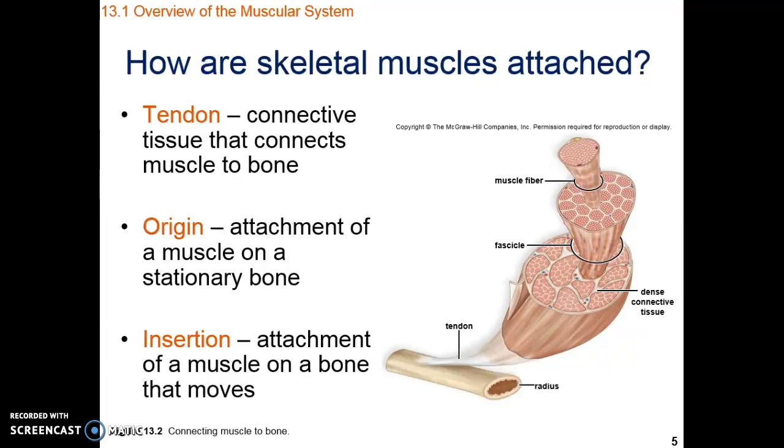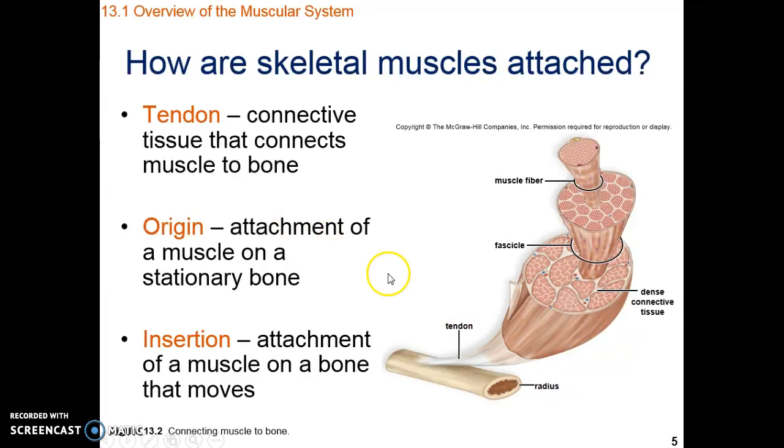You can see these tendons, and it's a shiny, very tough piece of connective tissue. And it has to be tough because it connects to the bone. It holds the end of the muscle group here and allows both the bone and the muscle to function coordinately.